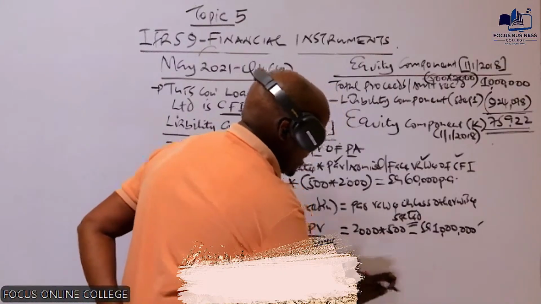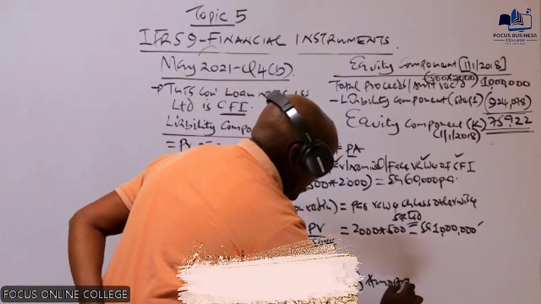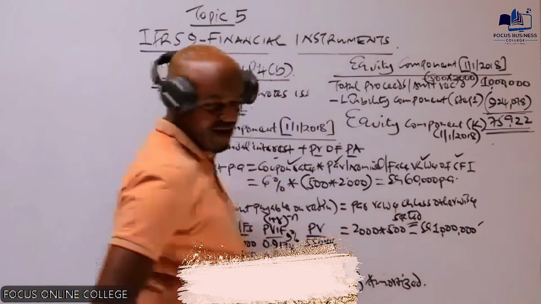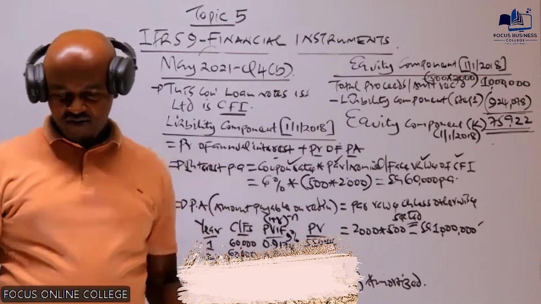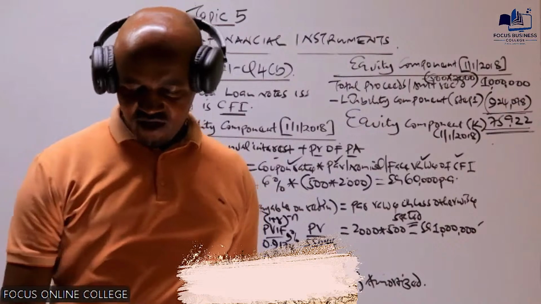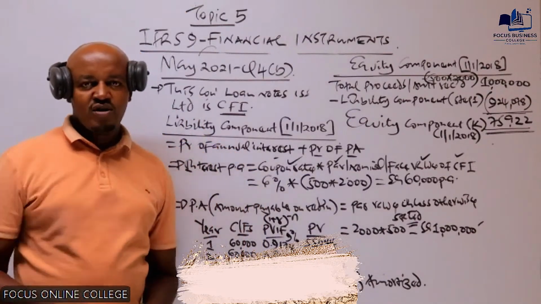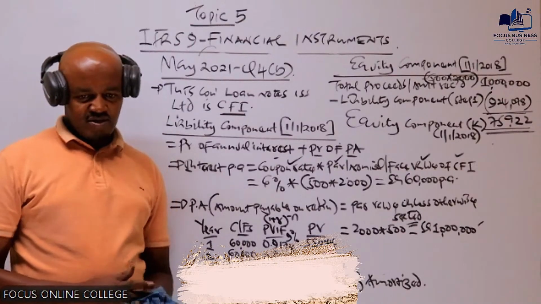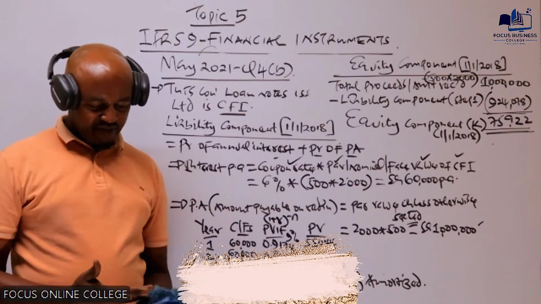This one must be amortized. So how do we amortize a liability in this case? From what you did in financial reporting, how do we amortize something like this liability? What do we have to prepare here? We prepare something called what?